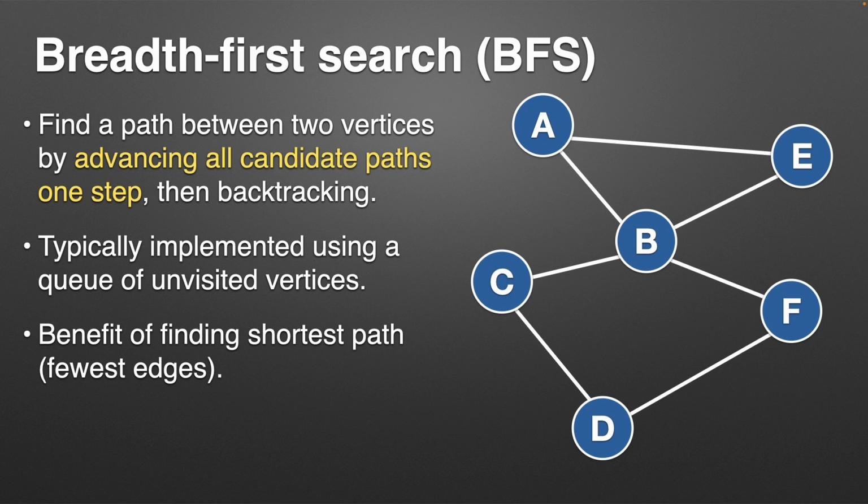So we have a different approach here. This is called breadth first search. So you will see them written just as DFS and BFS everywhere. And so the idea here is just kind of the opposite of what we just did.